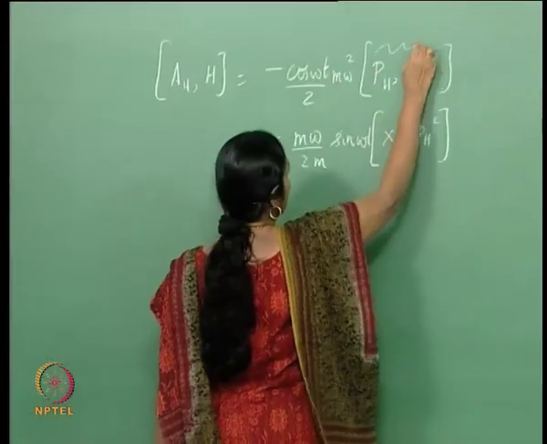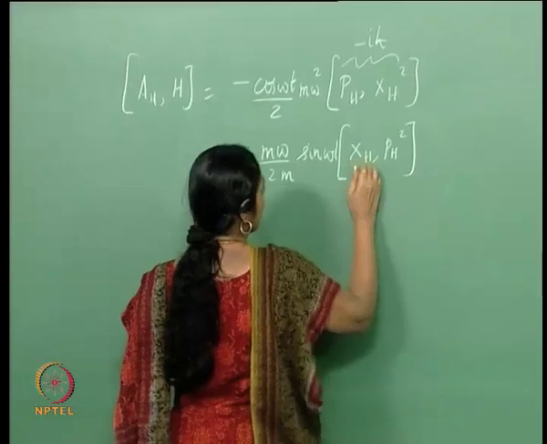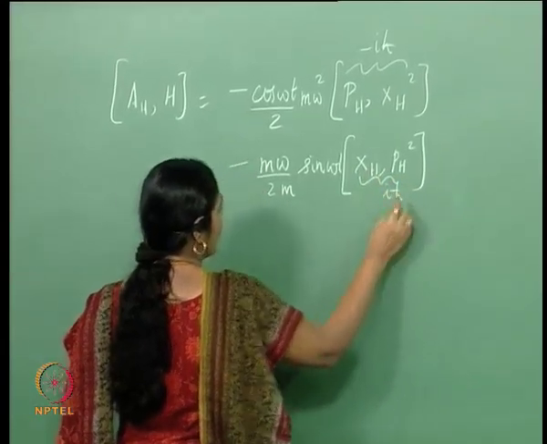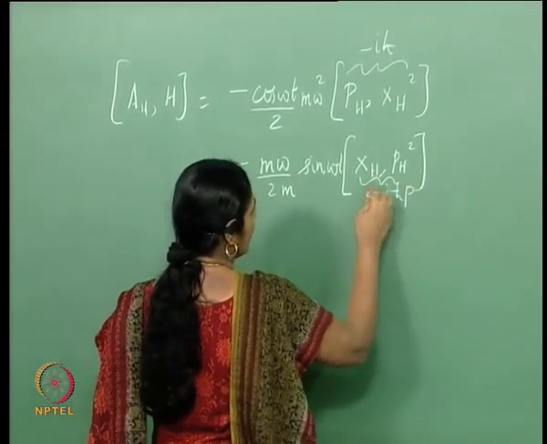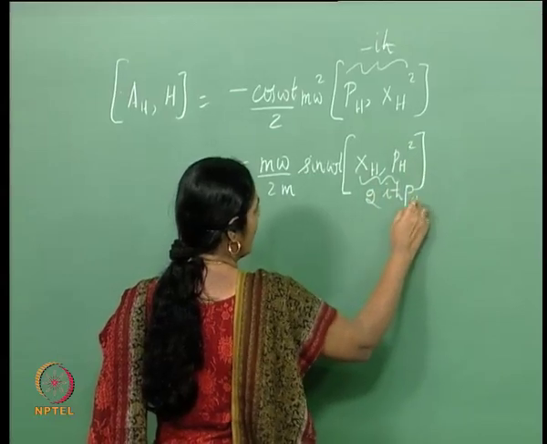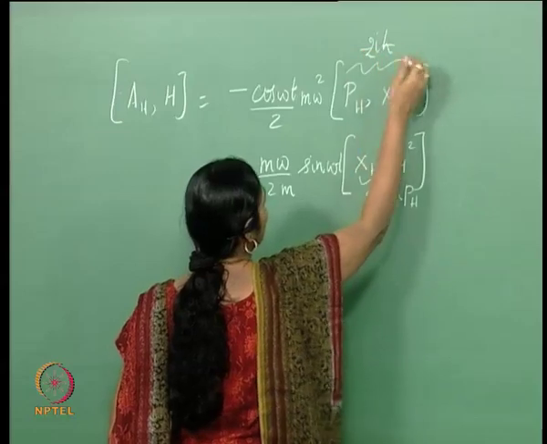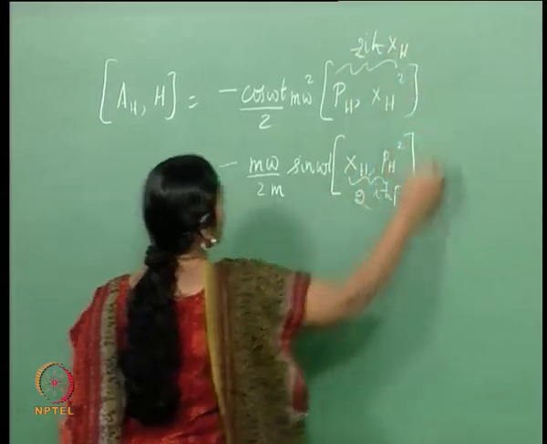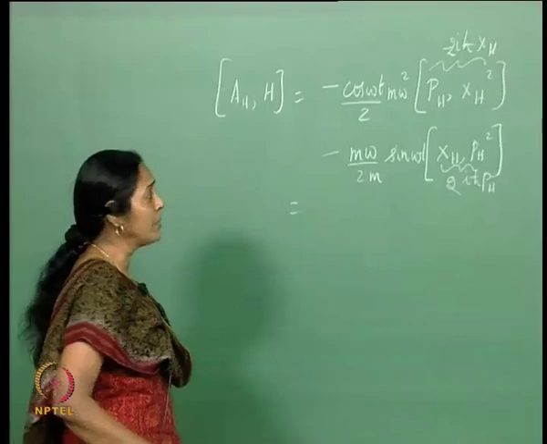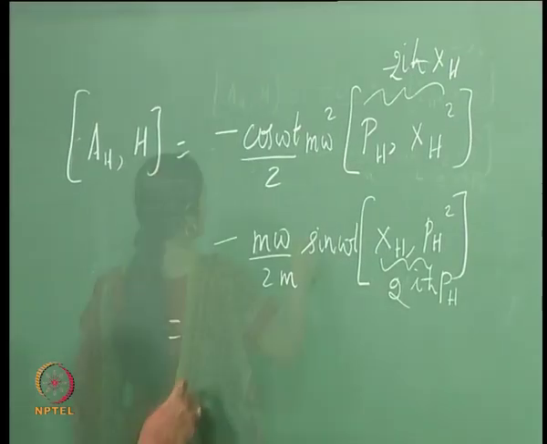But this quantity is minus iħ and this is plus iħ. This is plus 2iħ PH and that is minus 2iħ XH. I have just used the ABC rule for commutators.